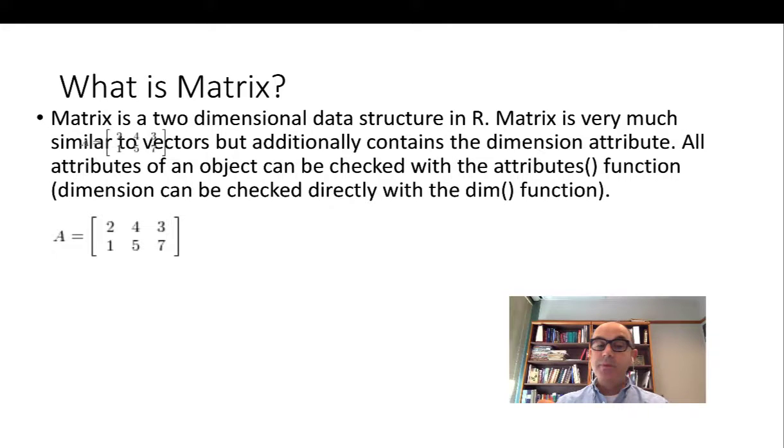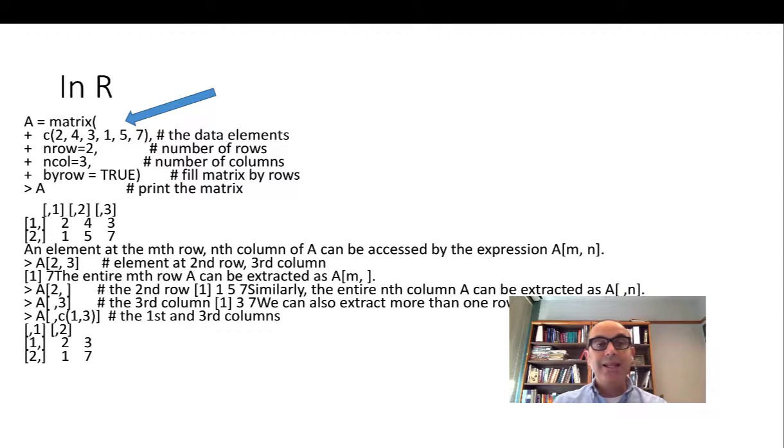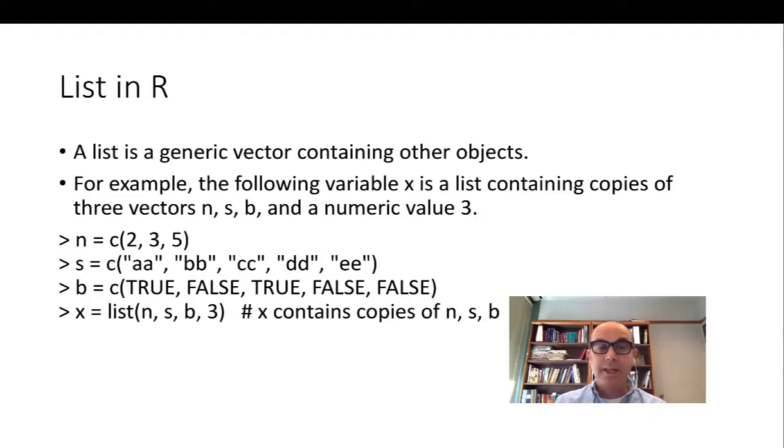So in this case, A is equal to 2, 4, and 3, and 1, 5, and 6, and it is organized in a matrix form. In R, we can say matrix, and it will give us the same scale, the number of rows, the number of columns, and by doing that, we can organize and sort the data based on it. So this is really important, and I will try to make more sense out of it later in the semester when we will use it.